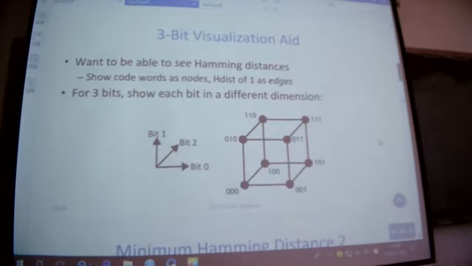Okay, there is a 3-bit visualization aid. We want to be able to see Hamming distance. For 3 bits we can show each bit in a different dimension. This is bit 0, bit 1, and bit 2. There are 3 dimensions, so this is 3-dimensional mathematics.